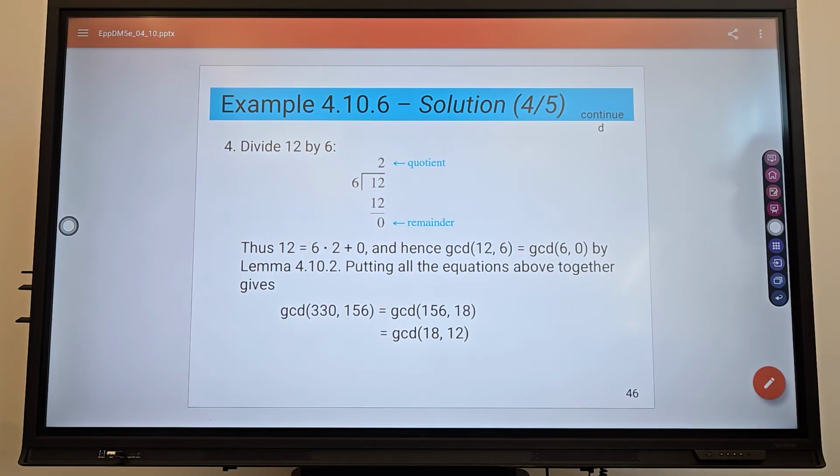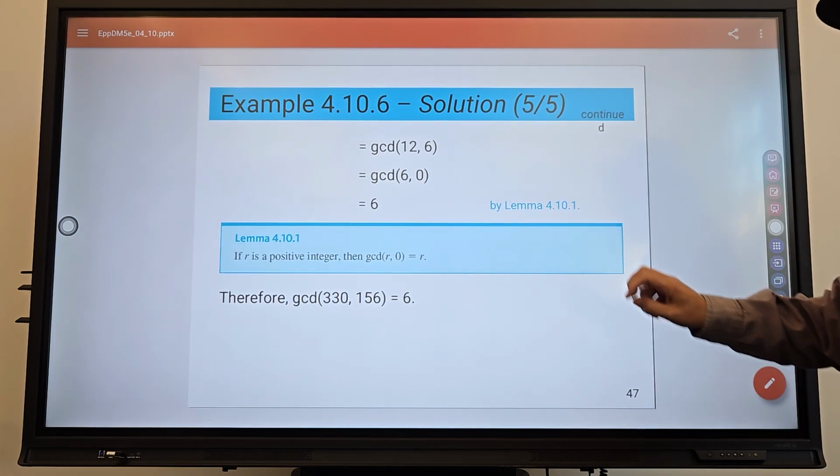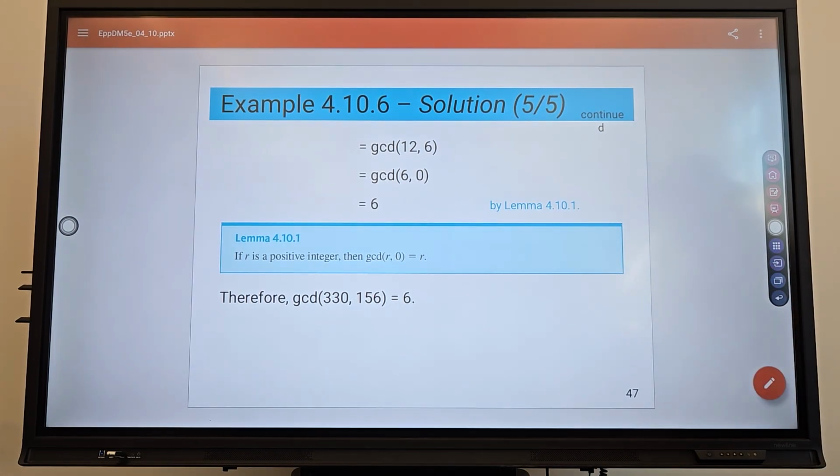Therefore, you have the GCD of 330 and 156 being equal to 6, without having to do prime factorization or anything like that.